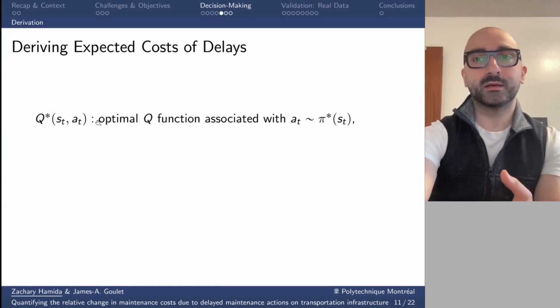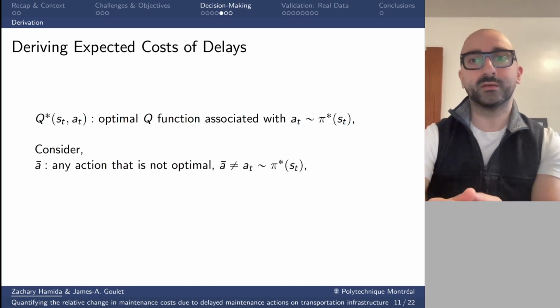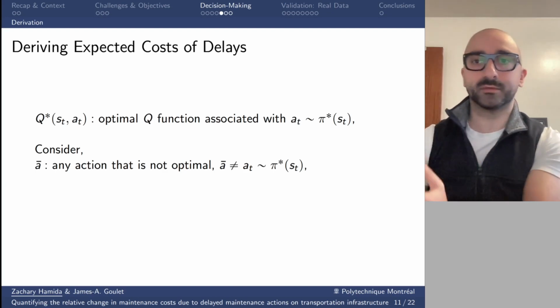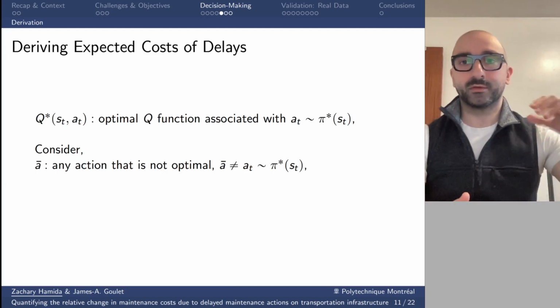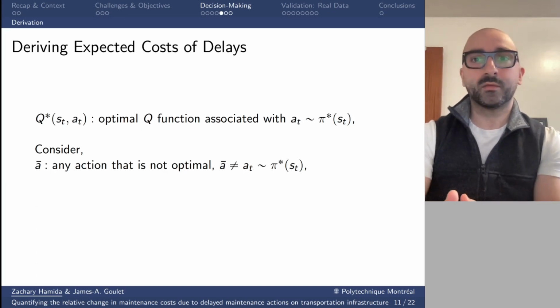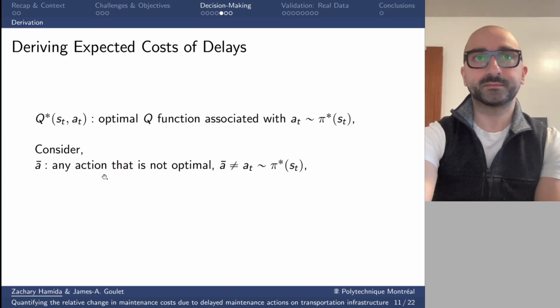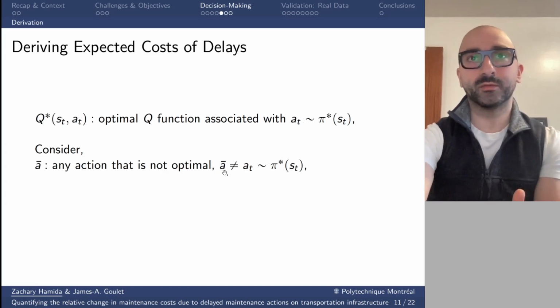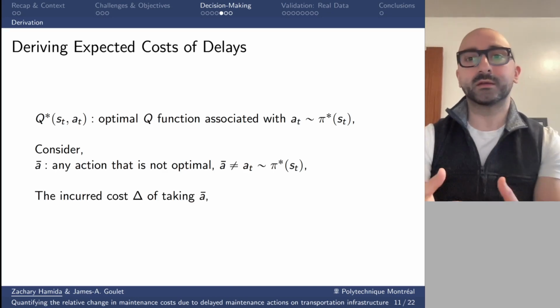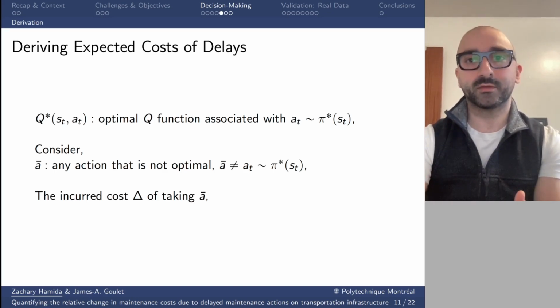But this is if you want the optimal action. Now imagine the decision maker says, I can't take the optimal action because of a certain constraint or event. Then if we have this action A bar, which is not optimal, we would have an incurred cost because of taking the suboptimal action.